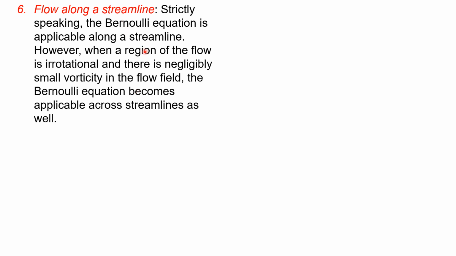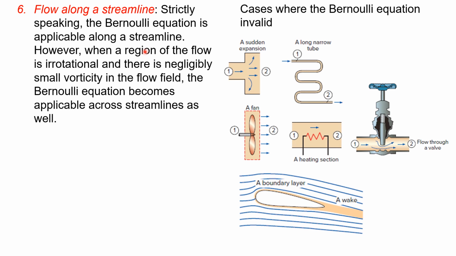take it into consideration. Okay, so these are the cases where Bernoulli's equation is invalid. You can see sudden expansion: if the flow suddenly increases in area or volume, you cannot use Bernoulli's equation. A narrow long tube, where in different parts the velocity might change. A fan, which increases the energy; shaft work cannot be used.